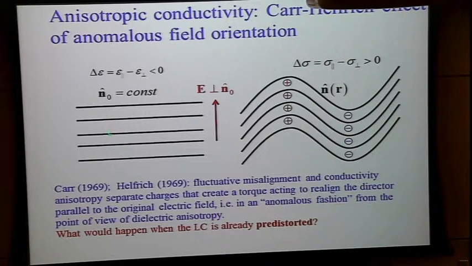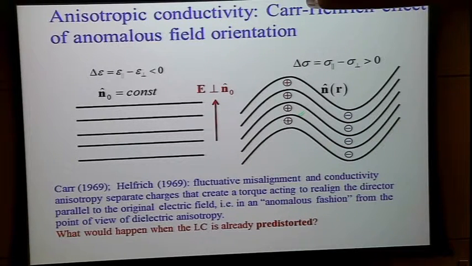They said, look, if we have some ions in the system, and if there is a fluctuation in the director orientation, so that the director, just by fluctuation, turns this way, then because the electric conductivity of ions is anisotropic, that means the ions prefer to move parallel to the director rather than perpendicular to the director. Then in this geometry of the vertically applied electric field, positive ions move up to the top of this director mountain, and negative ions go down.